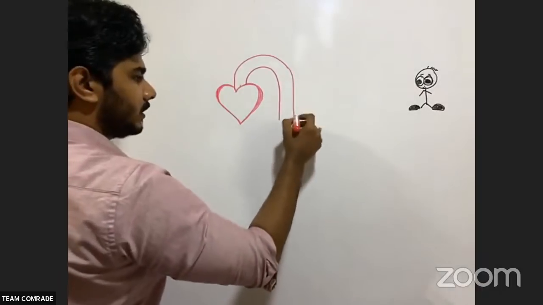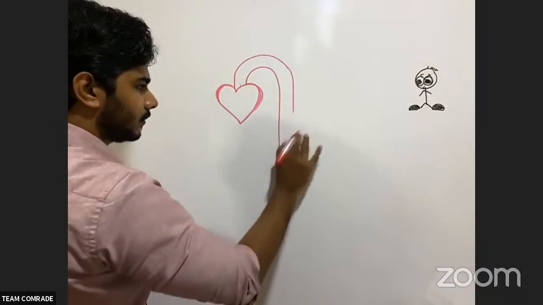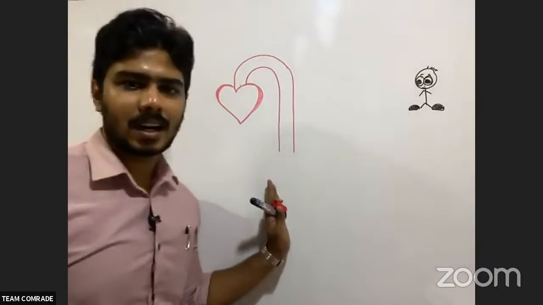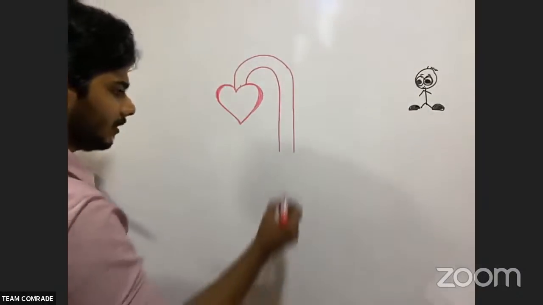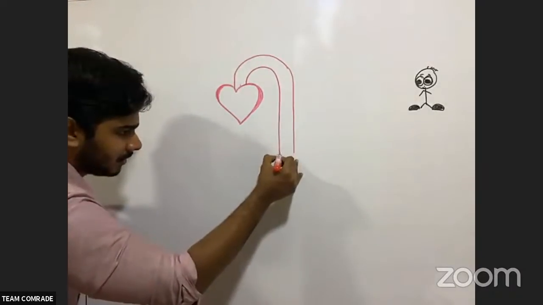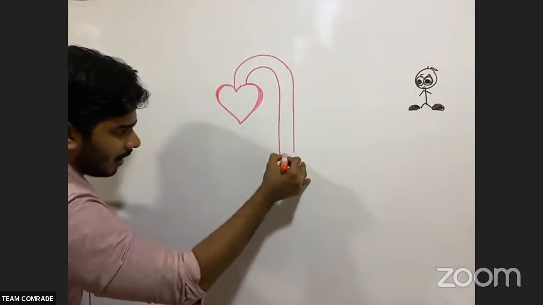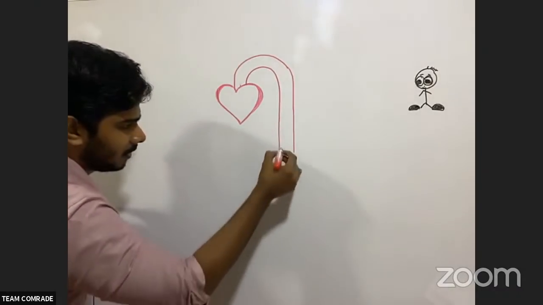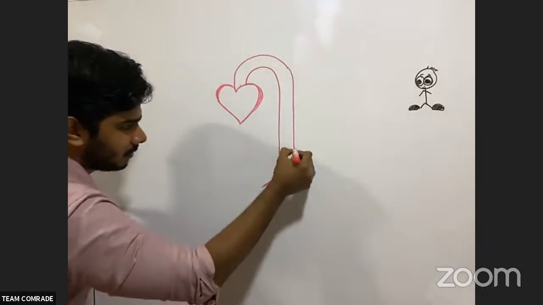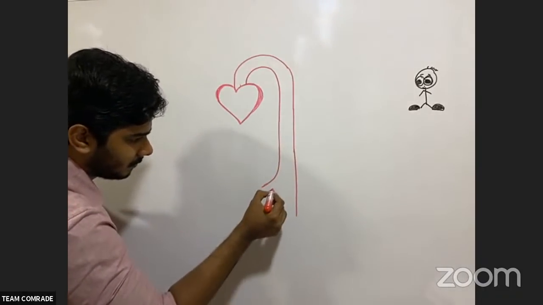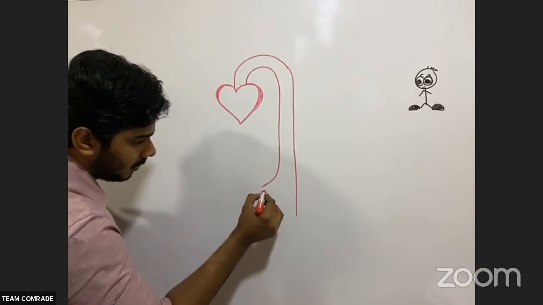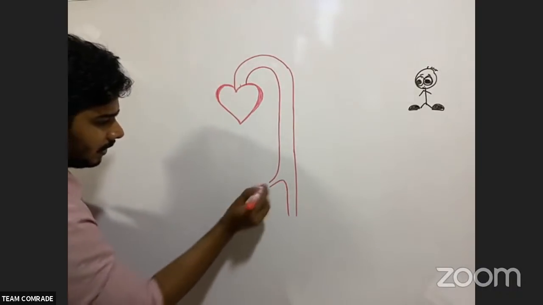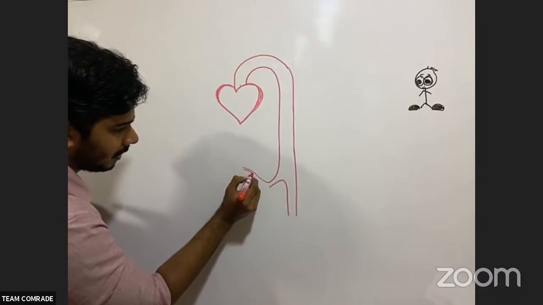Now this aorta, when it is going down, that is dividing. This entire size can't go all over the body, it has to be divided. Now that is divided into several arterioles. Here it is dividing into several arterioles.